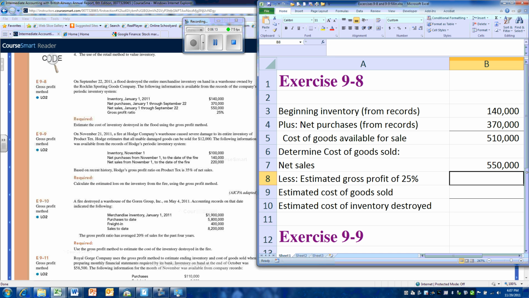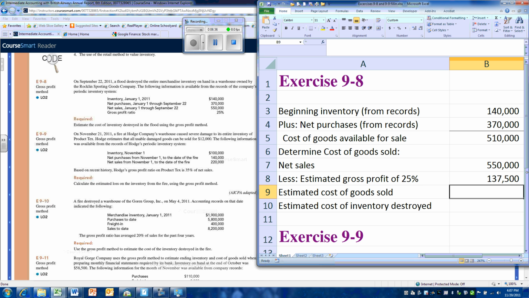Net sales for the period were $550,000. The gross profit margin for this company is 25%. To estimate the gross profit, we're going to take the sales, multiply it by 0.25, and that gives us our gross profit of $137,500.